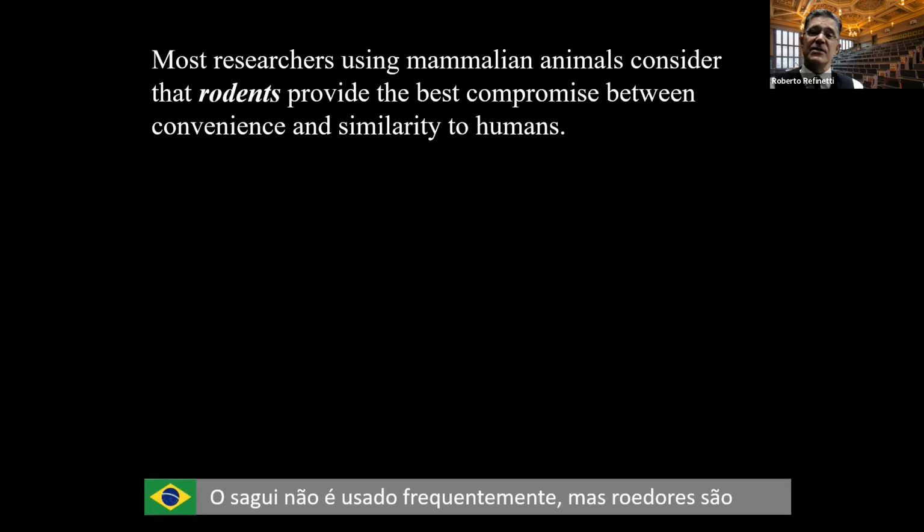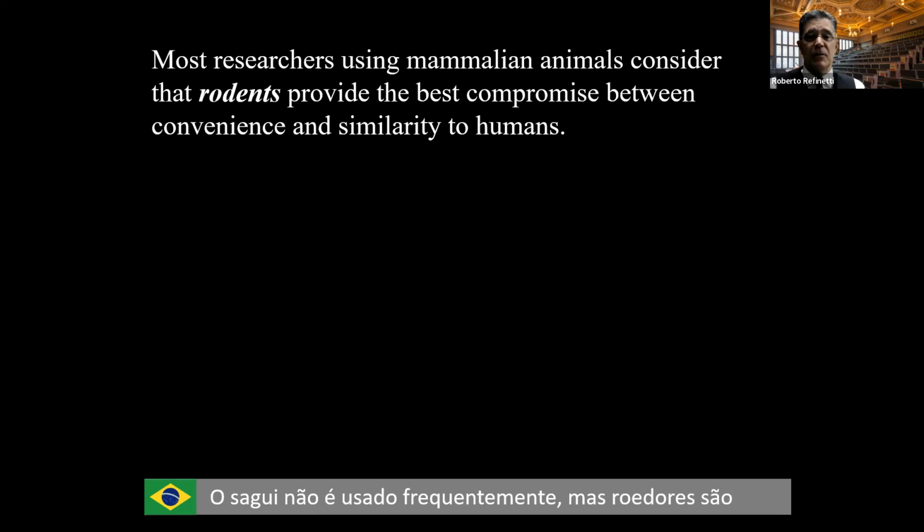Now, most researchers using mammalian animals consider that rodents provide the best compromise between convenience and similarity to humans. Again, rodents are not as similar to humans as monkeys are, but they're much easier to have in a laboratory, are easier to breed, are easier to maintain, resistant to diseases.